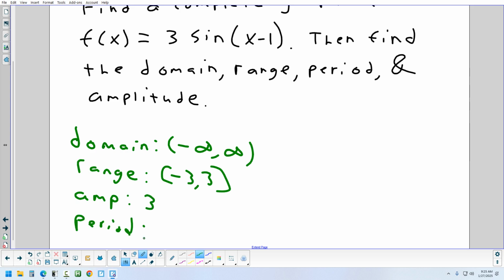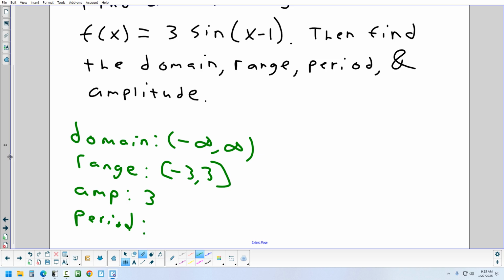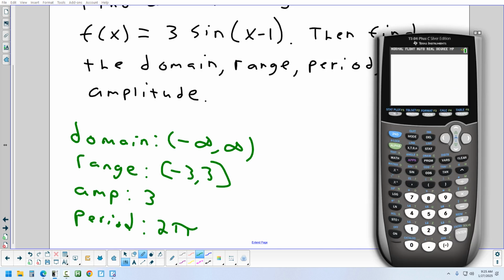And period, 2 pi. There is no period change in this problem. The number in front of x is a 1, so there is no stretching or compressing horizontally. Okay, let's do a sketch. 3 sine x minus 1.